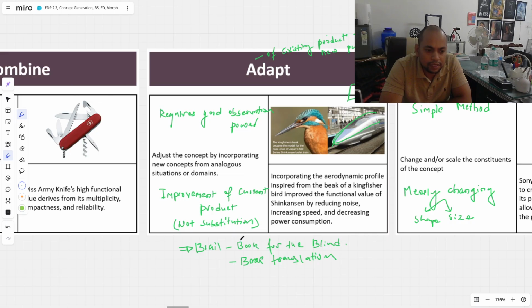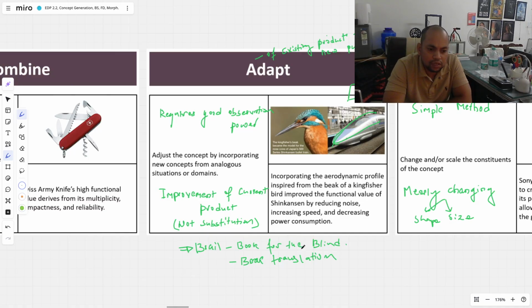We have merely adapted the book, modified it to use the tactile function, the touch capability which blind people have, in what is conventionally available in a conventional book.